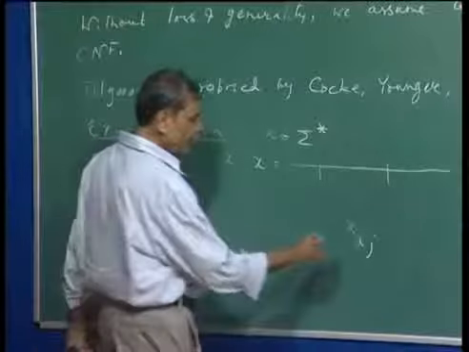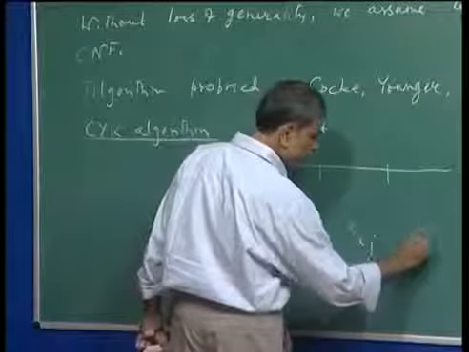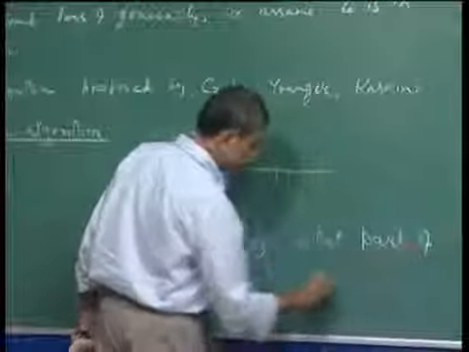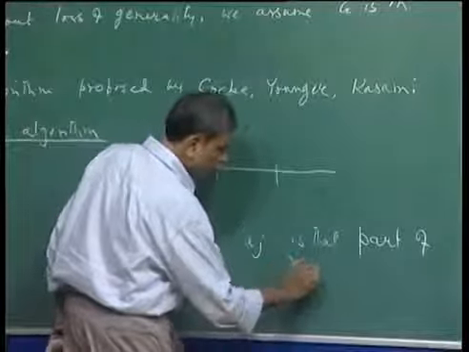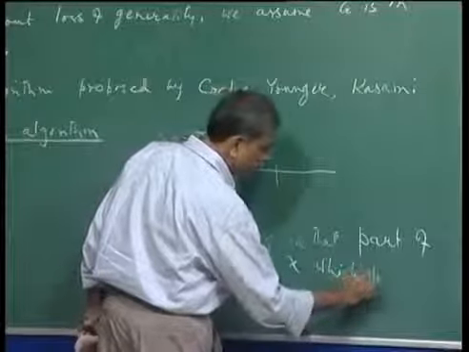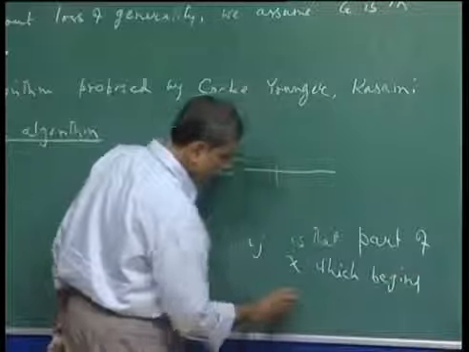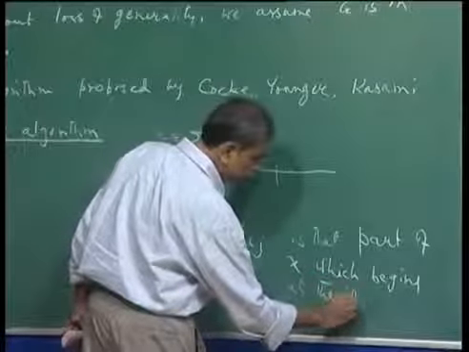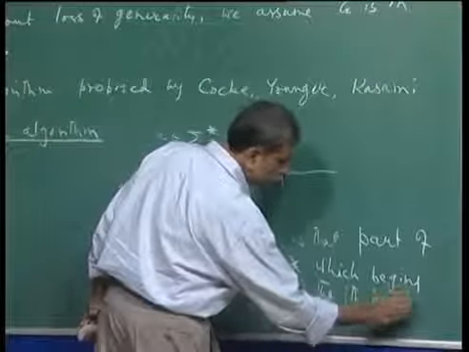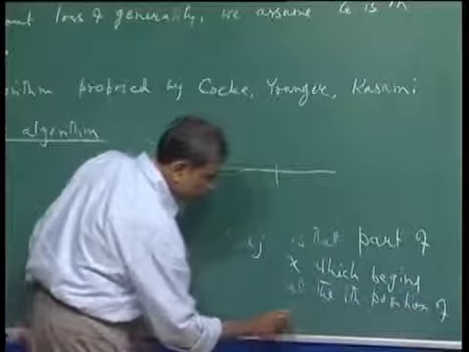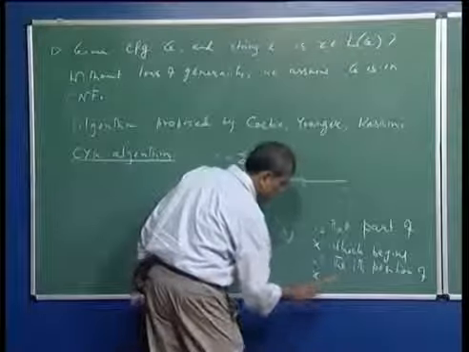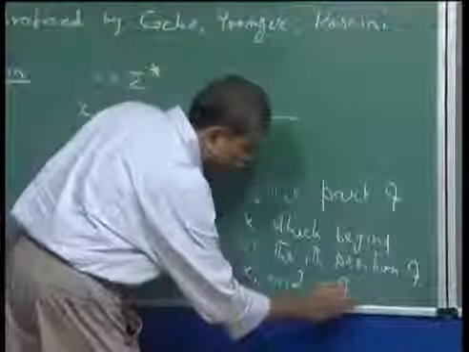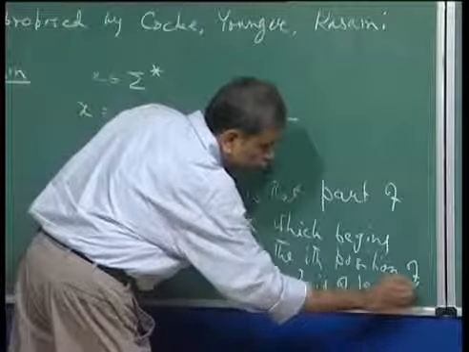What we mean is Xij is that part of X which begins at the ith position of X and is of length j.